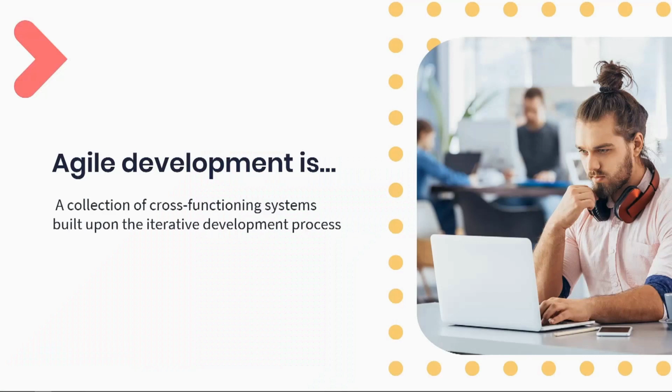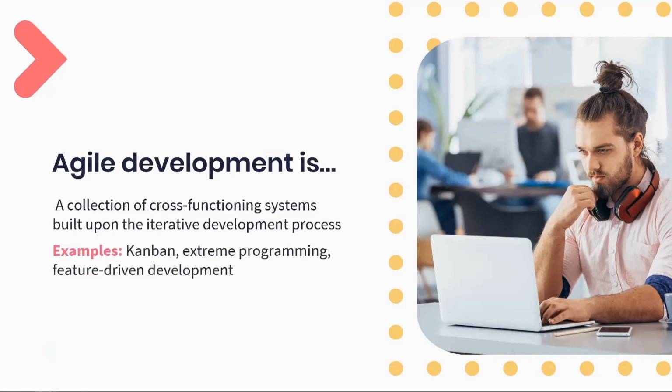Agile development is built upon the iterative development process's requirements, and the solution evolves through collaboration of cross-functioning systems. Agile software development is typically used in development frameworks such as Kanban, extreme programming, and feature-driven development.